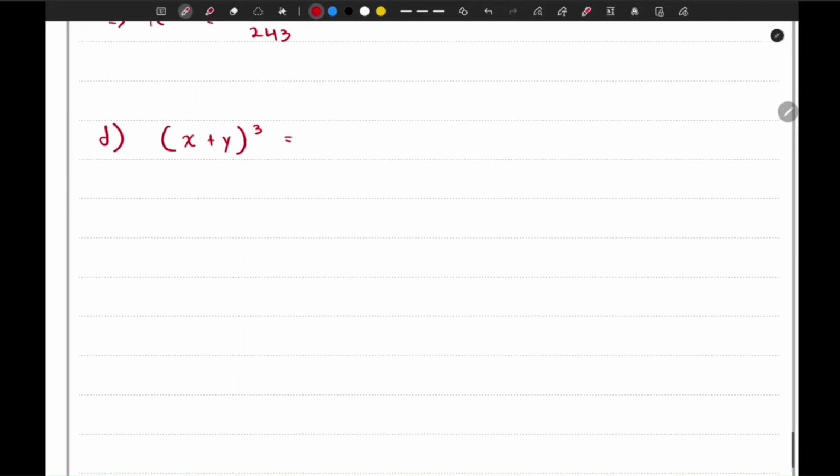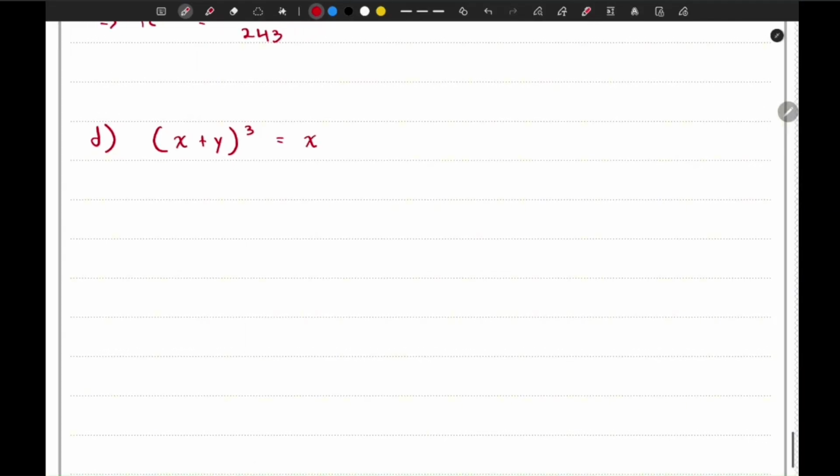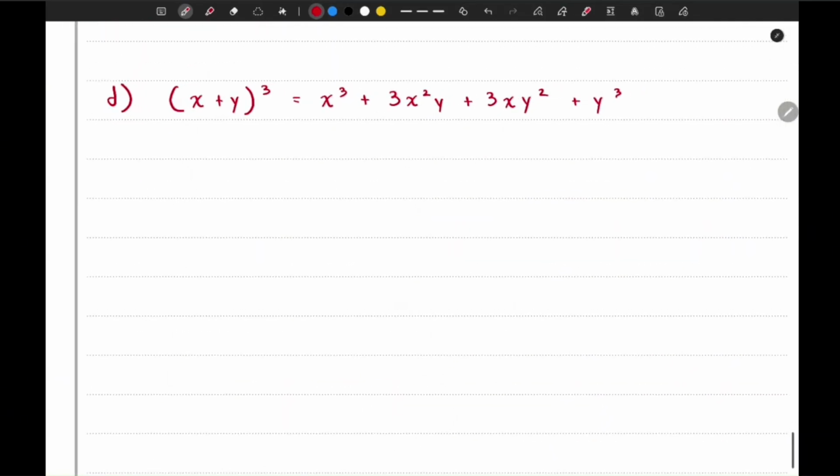So we can write x plus y whole cubed as x cubed plus 3x squared y plus 3xy squared plus y cubed. And if we take 3xy as common from these terms, we get x cubed plus y cubed plus 3xy times x plus y.